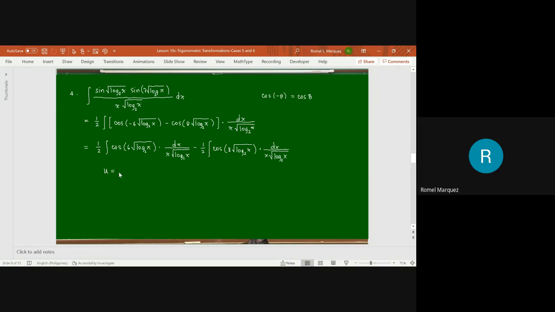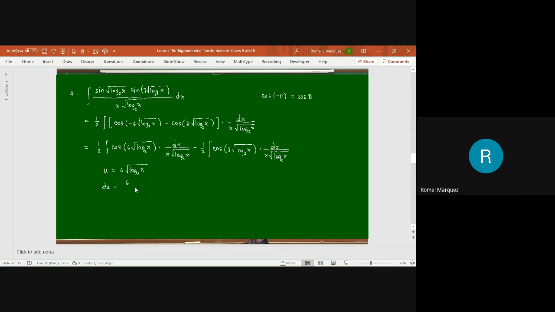You can have u just the log if you want, and then you fix later the 6. Let u be equal to 6 square root of log of x to the base 2. What's the derivative? And just multiply by dx to be the differential.